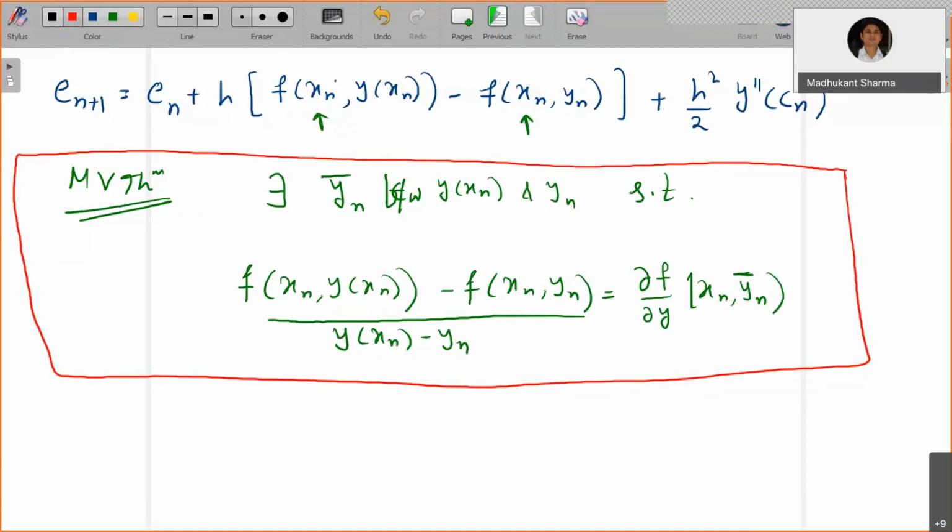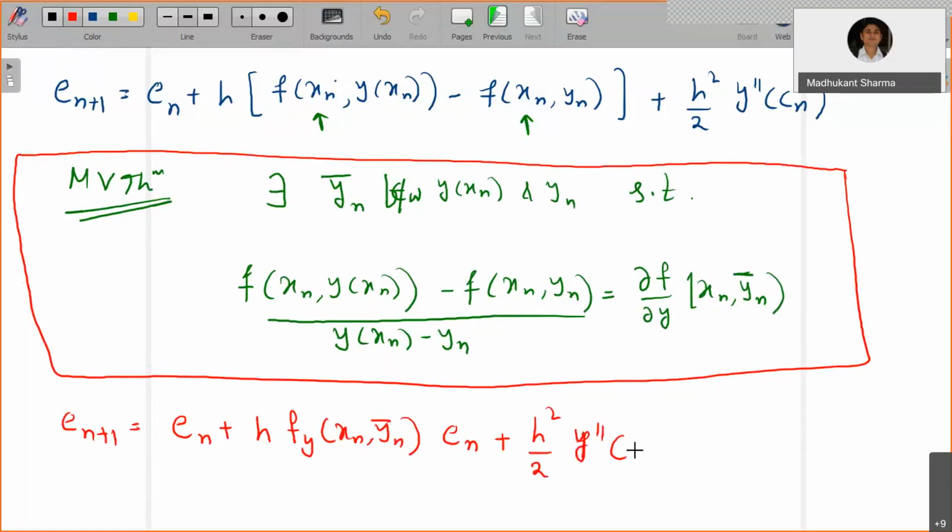With this, we have e_{n+1} equals e_n plus h times f_y at x_n comma y_n bar times e_n, plus the third term h squared by 2 times the second derivative of y at c_n.